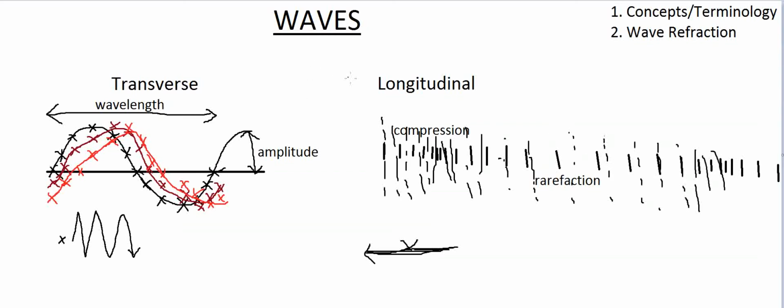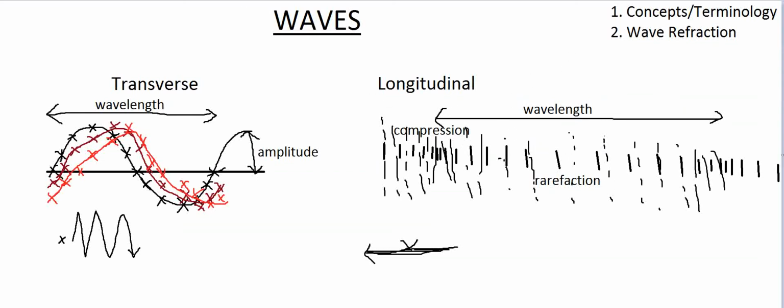The wavelength is the distance between two compressions or two rarefactions. And the amplitude is the maximum displacement of a wave.